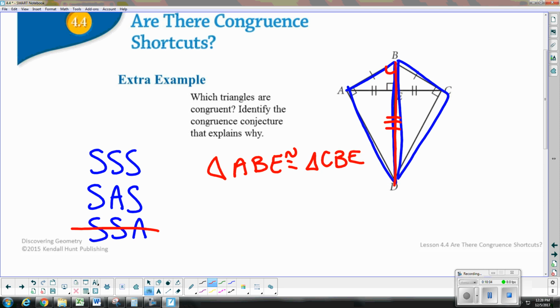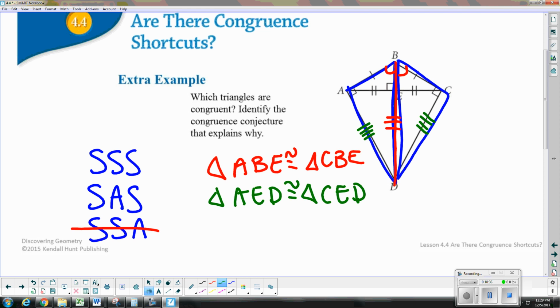we know that this angle has to be congruent to this angle. And secondly, since we already proved that triangle AED is congruent to triangle CED, we showed that this side is congruent to this side.